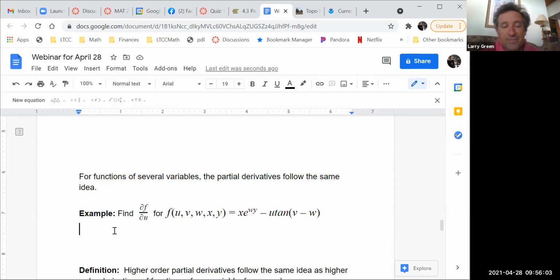Any thoughts? And the hint is it's pretty easy. It's really easy, actually. See if you can put in the chat box what you think the answer might be.